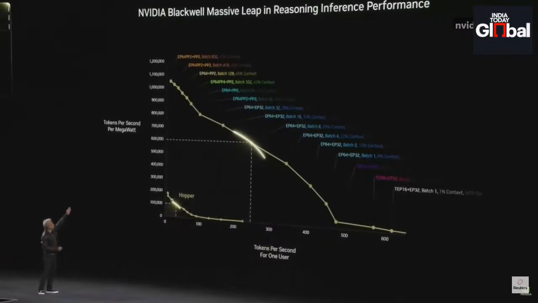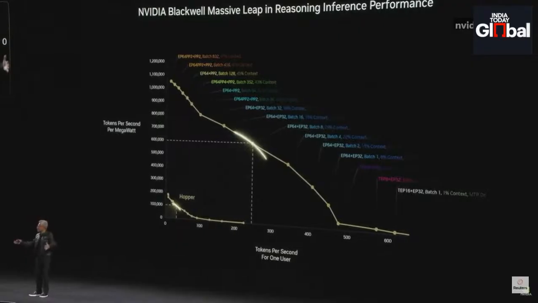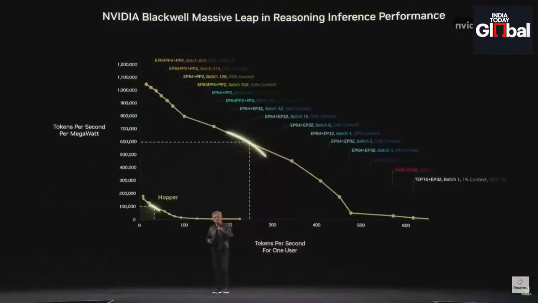And so you want the throughput of the factory to be as high as possible, so you could support as many people as possible, so that the revenues of your factory is as high as possible. You want this axis to be as large as possible because the AI is smarter here than it is here. The faster it can think, the more it can think before it answers your question.